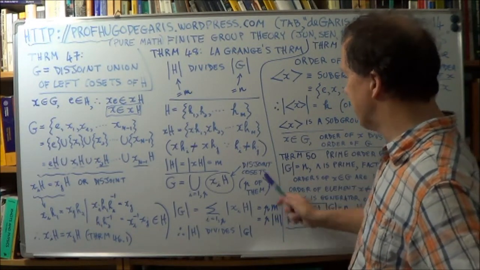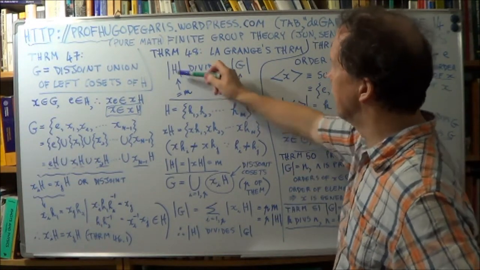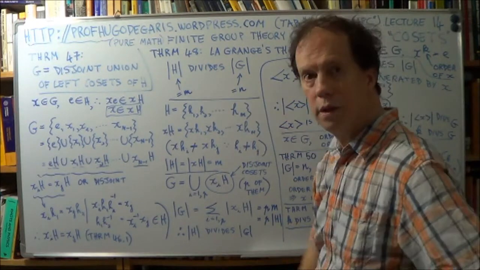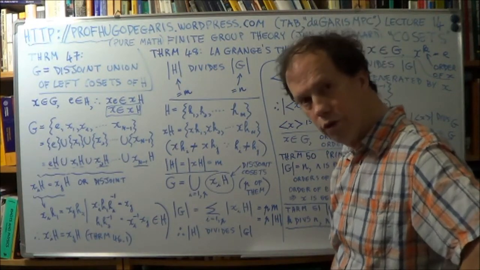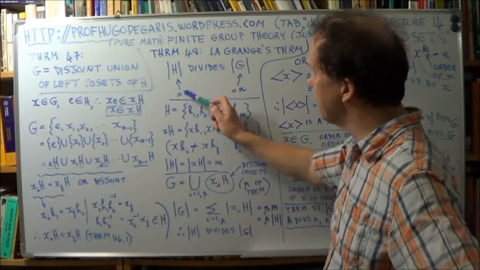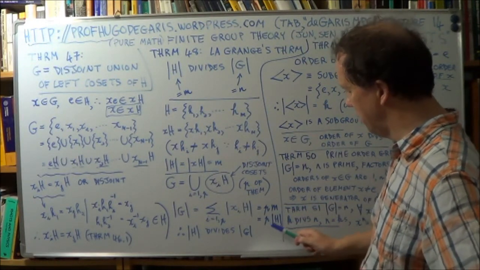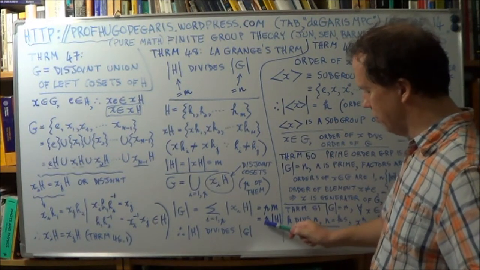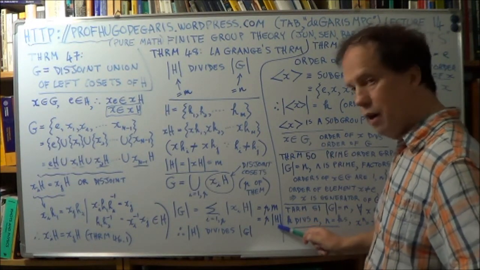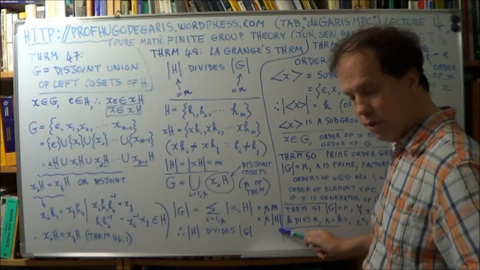But what is M? M is the order of your subgroup. It's the size of your subgroup. So instead of having PM here, you can write P times the size of H, or P times the order of H, the order of your subgroup.